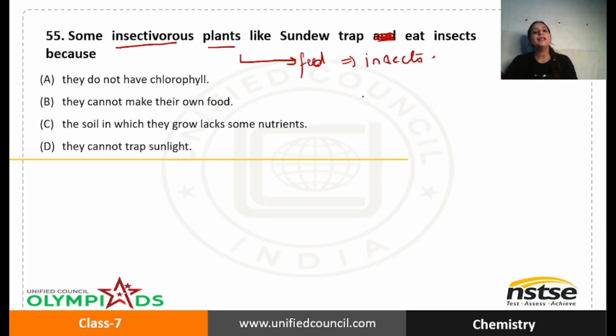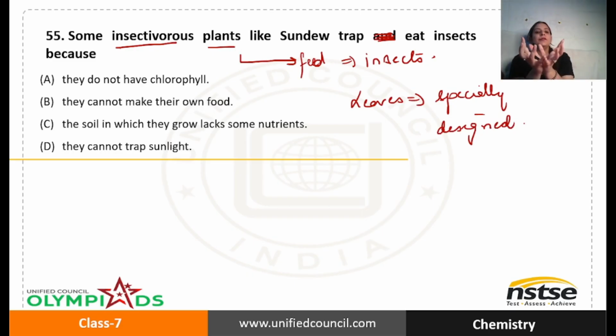Basically, their leaves are specially designed so that they can trap insects. Their leaf surface is somehow sticky, and leaves are modified into a pitcher sort of thing. Whenever an insect gets attracted, it sticks to it and the plant engulfs it in the hollow cavity, like the pitcher.